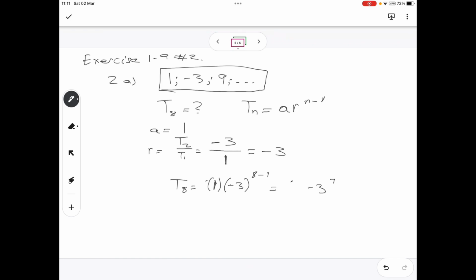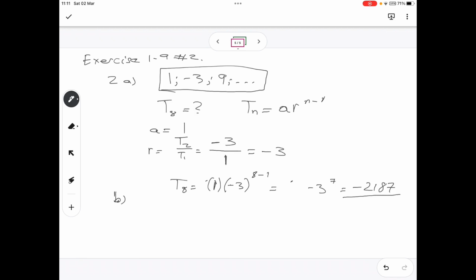On your calculator, that would be -3 to the power 7, and that's negative 2,187. Yeah. Alright, so that would be the 8th term of this series.